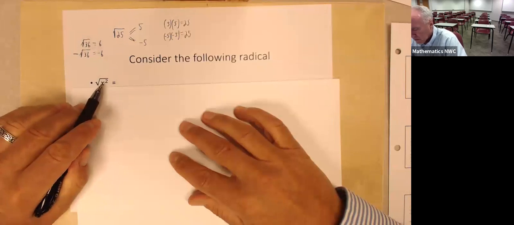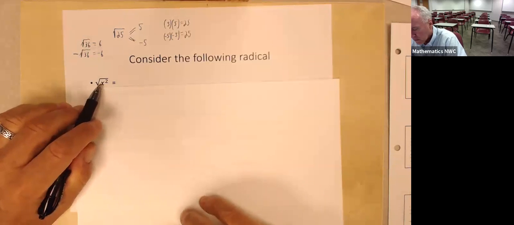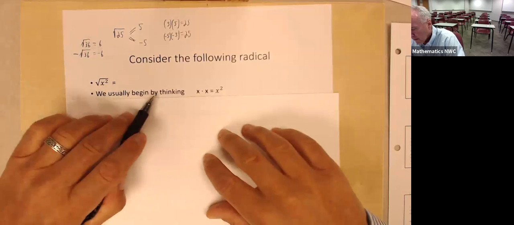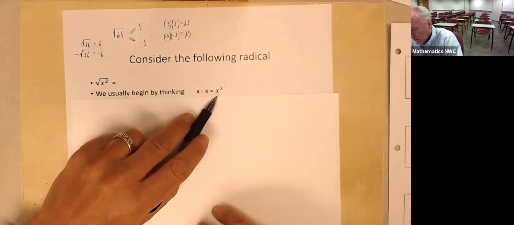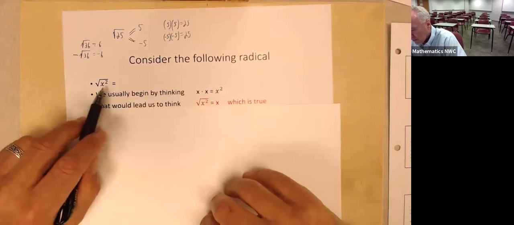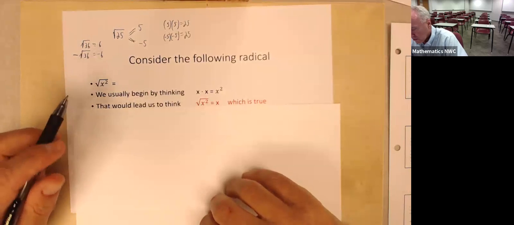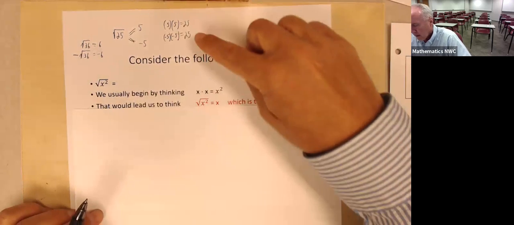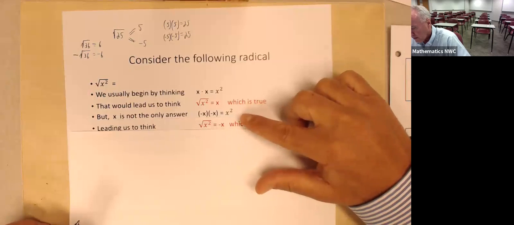But with variables, there's more uncertainty. For example, the square root of x squared, we usually begin by thinking, hey, x times x gives me x squared. That would imply then that this square root of x squared must be x, which is true. But just like we have the negative possibility, we notice that a negative x times a negative x gives us x squared.